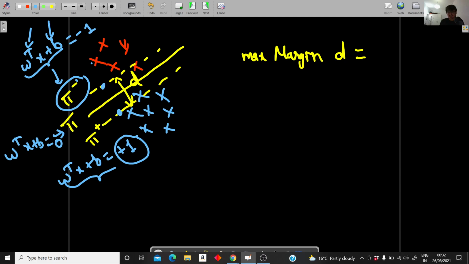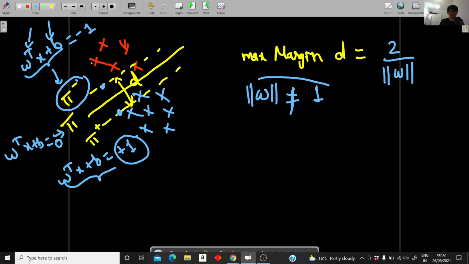If you find any two points on these planes, because we now have our plane equations, then you will find the distance as 2 by norm of w. There is no assumption that norm of w is a unit vector; it's not necessarily a unit vector.